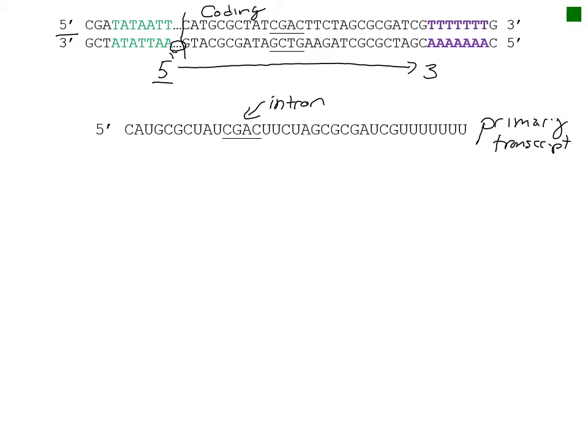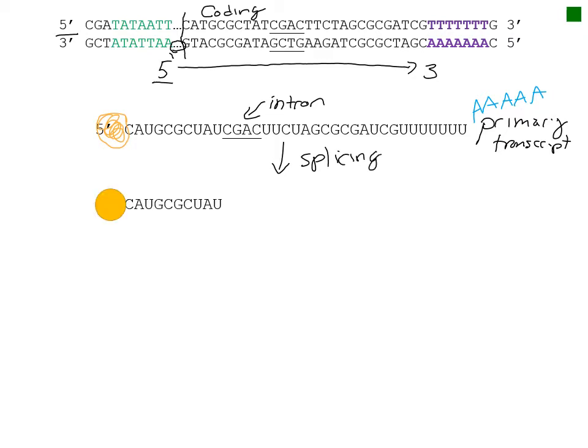Because this is a eukaryotic gene, the primary transcript will then be modified by the addition of a 5' cap and a 3' poly A tail. The third step is the removal of the intron through splicing.